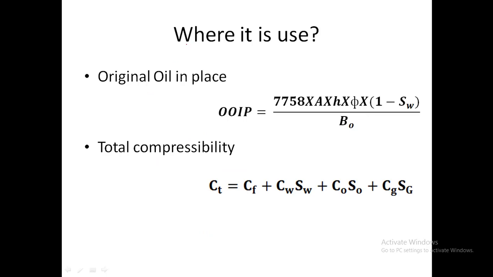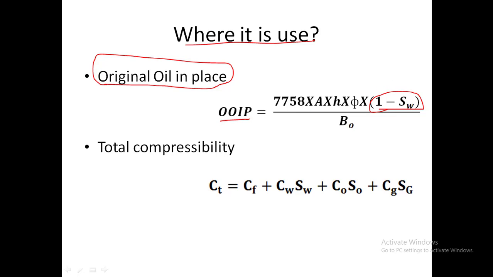So where has saturation been used? It is used in calculating the original oil in place or original fluid in place. For calculating that, as you can see over here, 1 minus SW. If you are calculating original oil in place, the first thing you have to understand is that it is an undersaturated reservoir where you don't have any kind of gas zone.